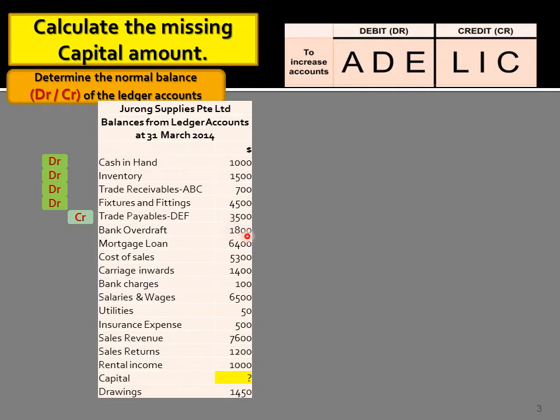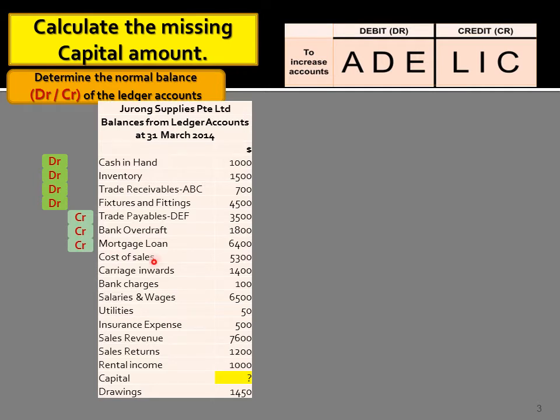Another way to put it is there is a negative amount of $1,800 in the business bank account. Therefore, credit balance. Mortgage loan. Mortgage loan is a liability account, hence a credit balance.